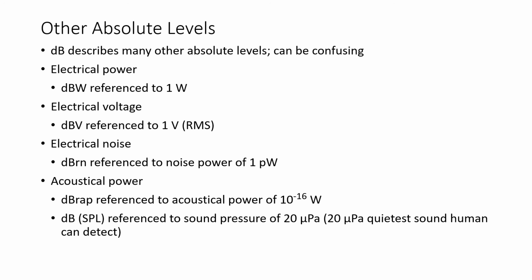So this is a level of acoustical power. And you may also see the dB SPL. SPL stands for sound pressure level. So this is a logarithmic value of sound pressure that's referenced to 20 micropascals. 20 micropascals is the quietest sound that a human can detect.